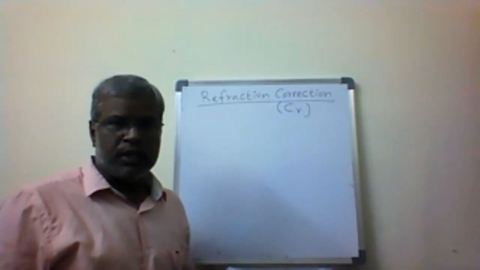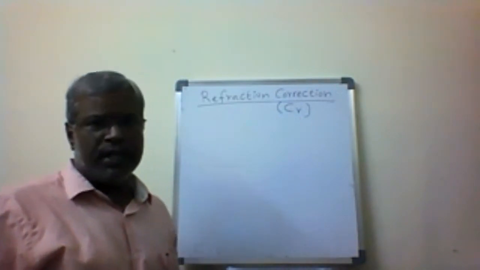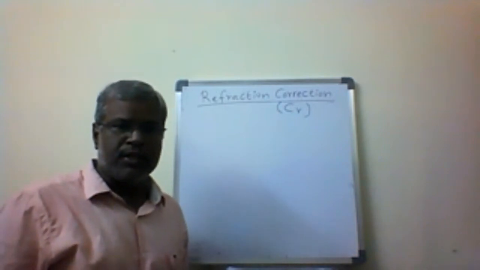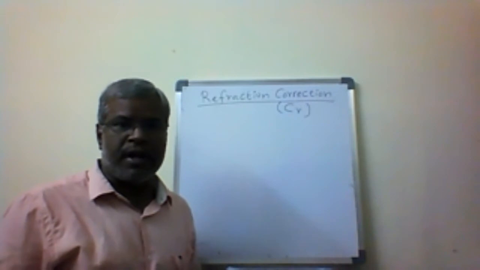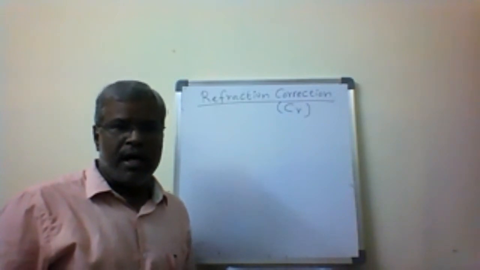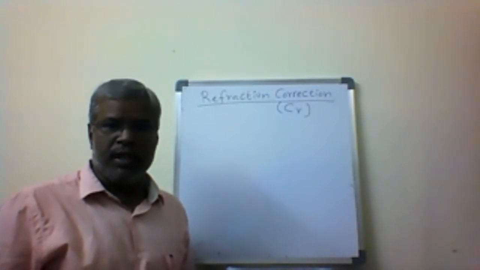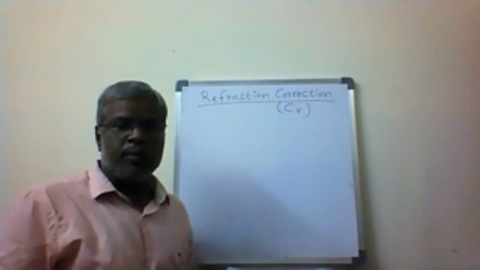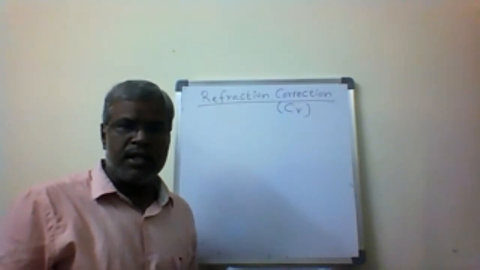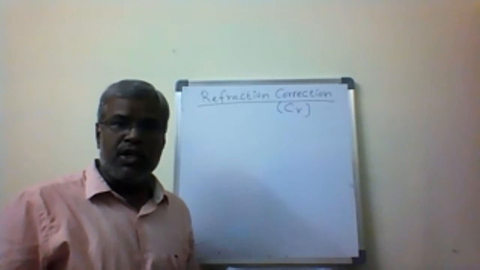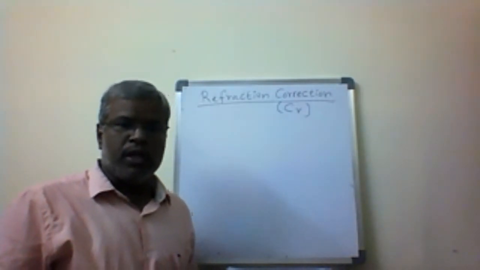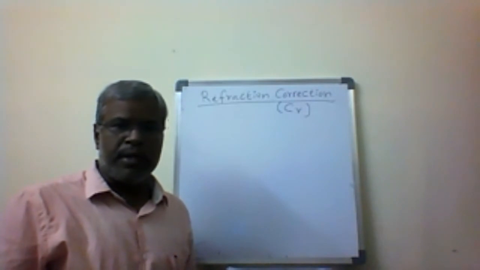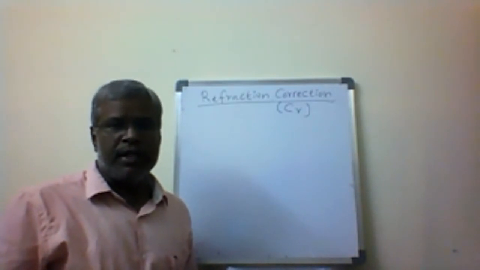What is refraction? When going for long sides, the light rays are refracted because of the air layers, the varying air densities, as they pass through to the telescope. So whatever readings we take will be more than they actually are.